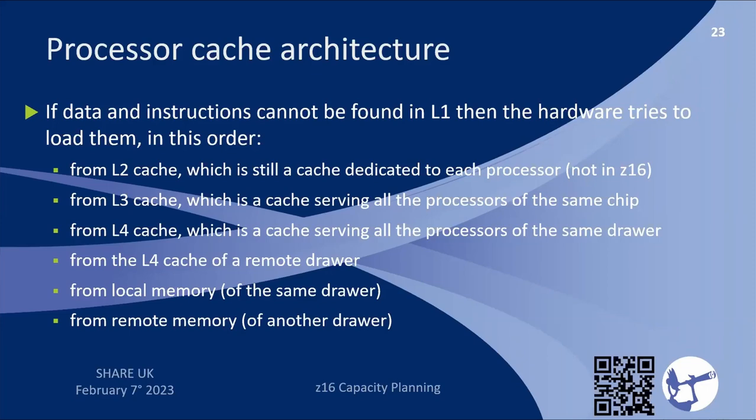And again, if you find it in level 2, it will waste few cycles. But the more you go further away, the more cycles will be wasted with the engine spinning, literally wasting cycles, waiting for the information to arrive. And meanwhile, the system will try to get it in the best position it can. So if it can from level 3, otherwise from level 4, and so on.